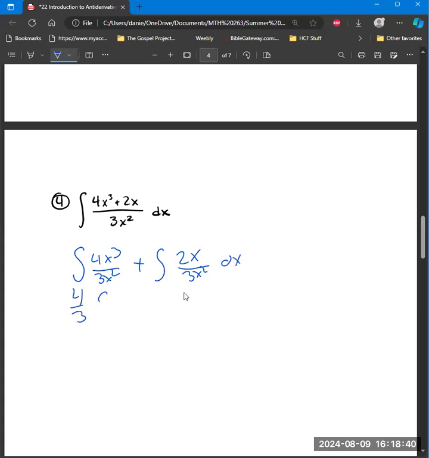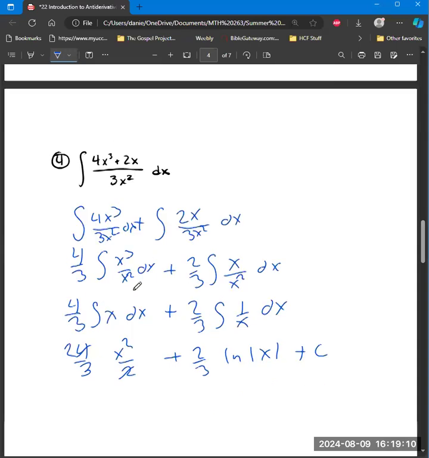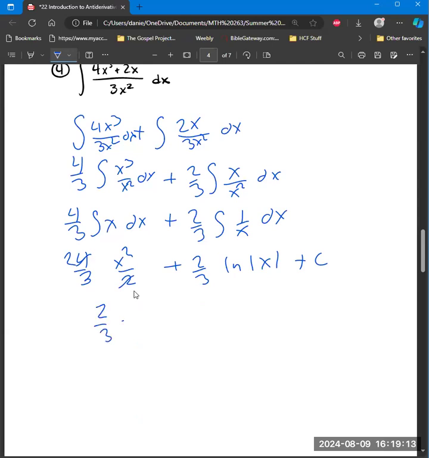This is going to be 4/3 integral of x cubed over x squared dx plus 2/3 integral x over x squared dx, 4/3 integral x dx plus 2/3 integral 1 over x dx, 4/3 x squared over 2 plus 2/3 ln of the absolute value of x plus c. 2 goes into 4 2 times. So this is 2/3 x squared plus 2/3 ln of the absolute value of x plus c.